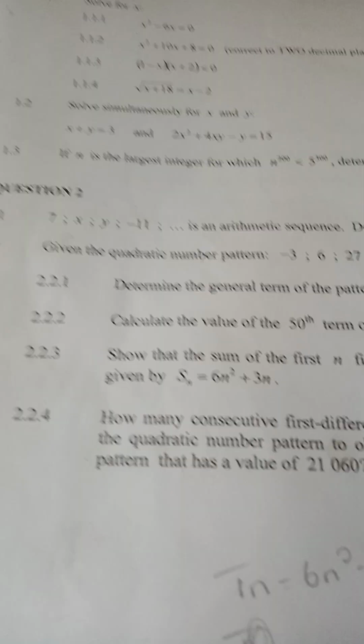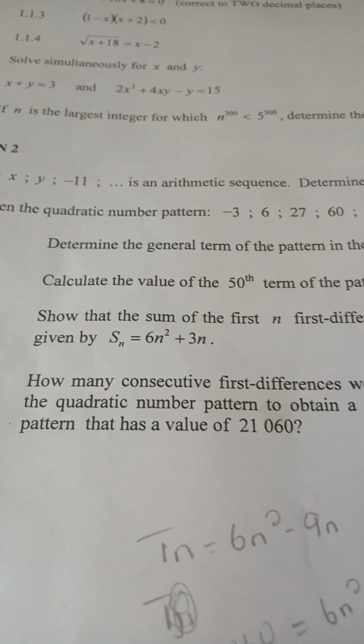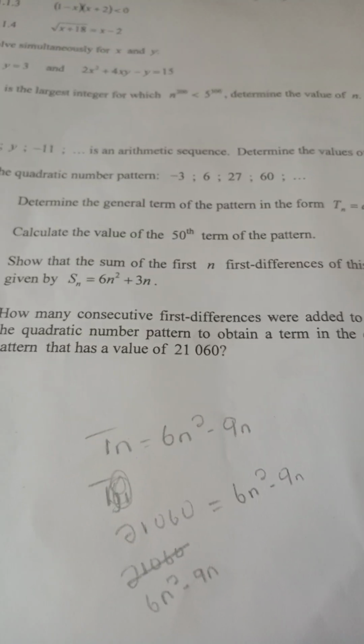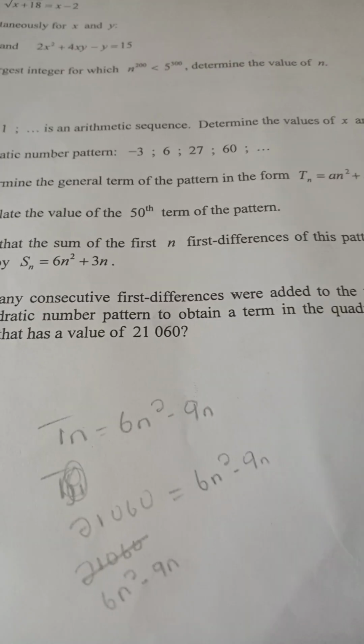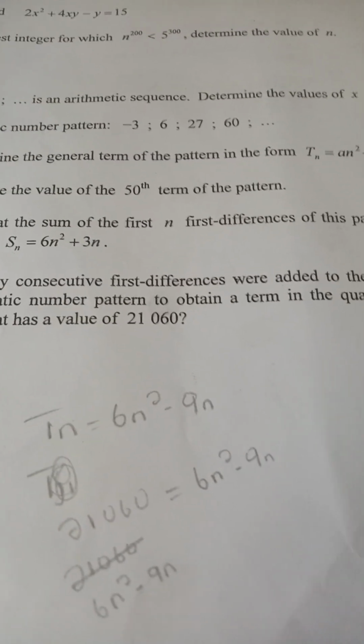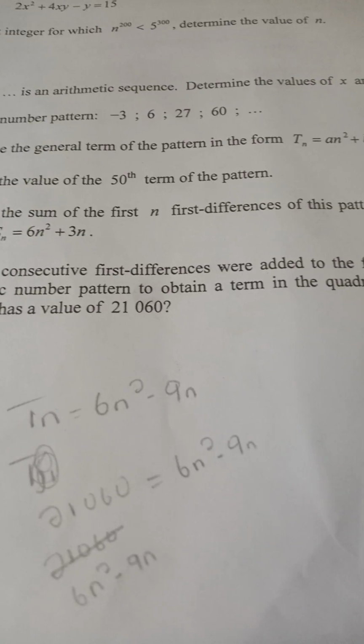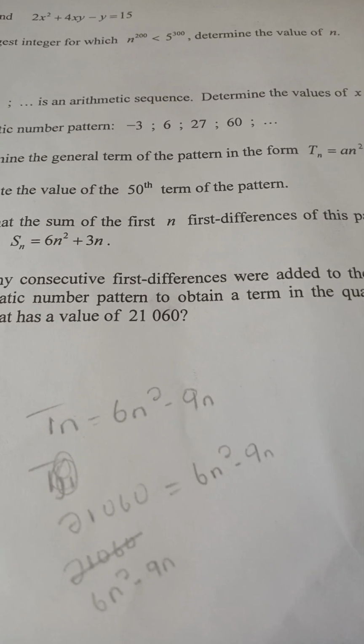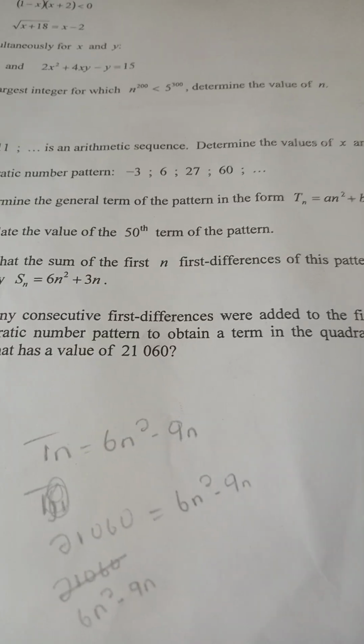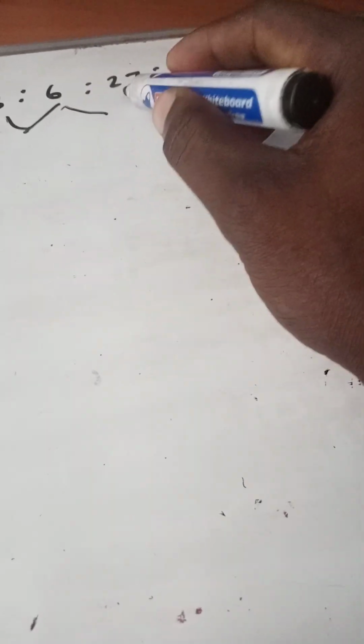We will consider question number 2.2.1, which says, given the quadratic number pattern is minus 3, 6, 27, 60 in this order, you first find the first difference.